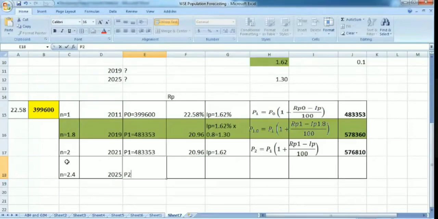I need to consider the P2 population, that is 5 lakh 76,810.